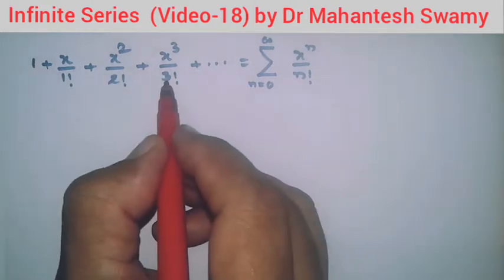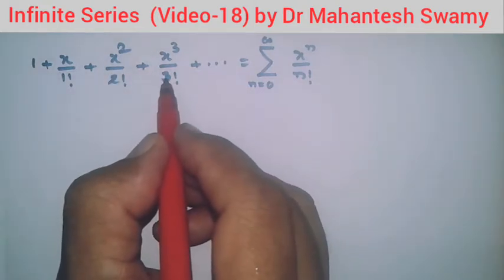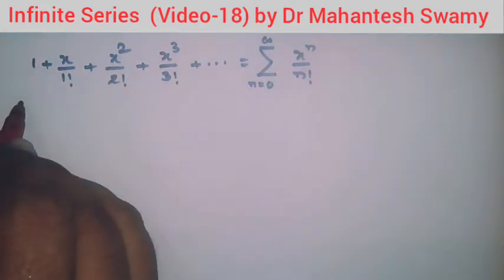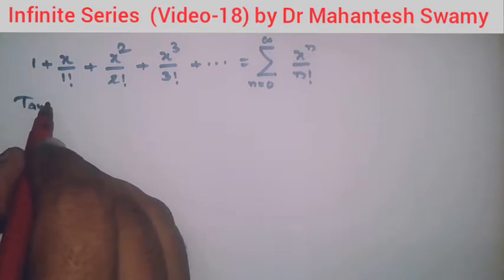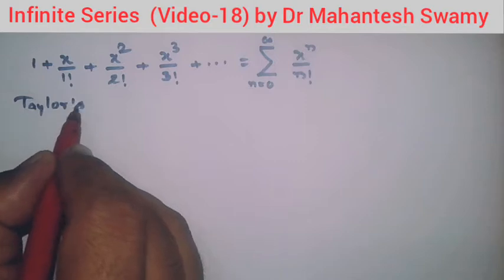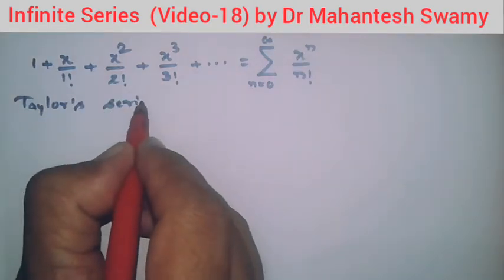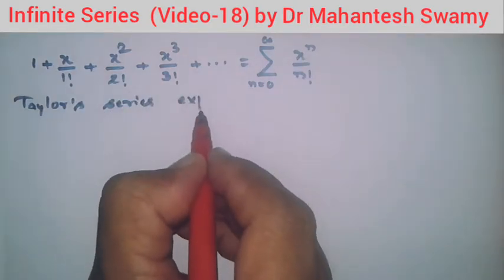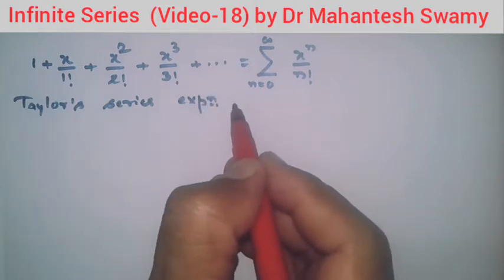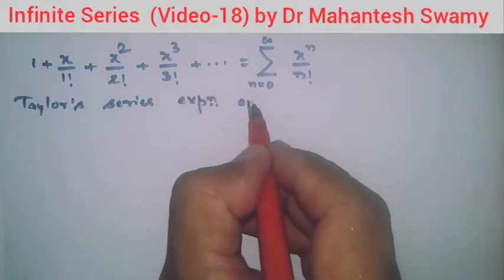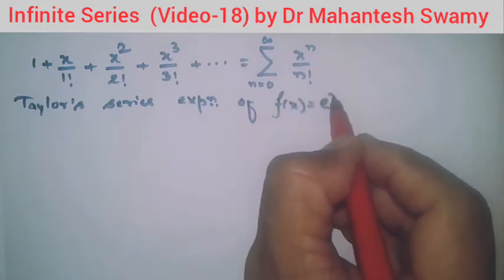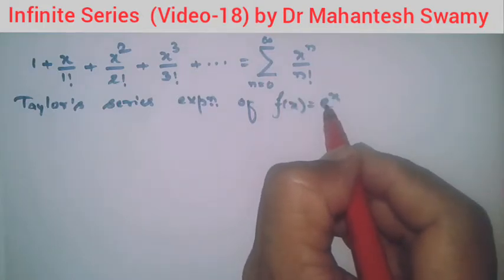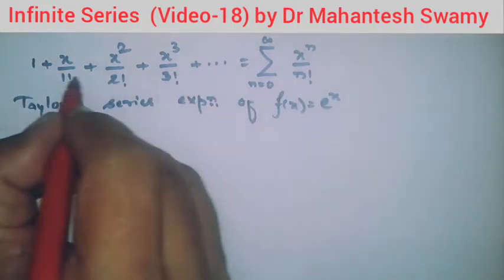Why is the name an exponential series? Because if we look at the Taylor series expansion from differential calculus, particularly the Maclaurin's expansion of the function f of x equal to e to the power x, we observe that the resultant series will be exactly this series.